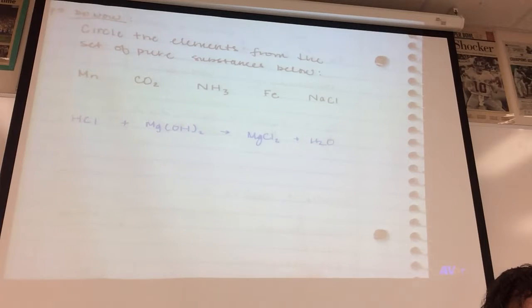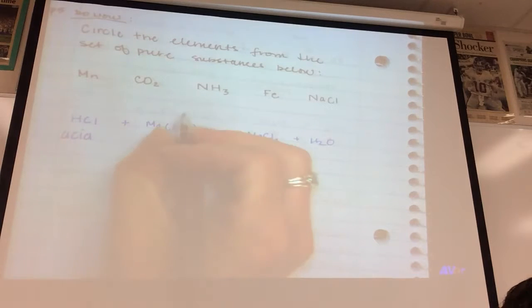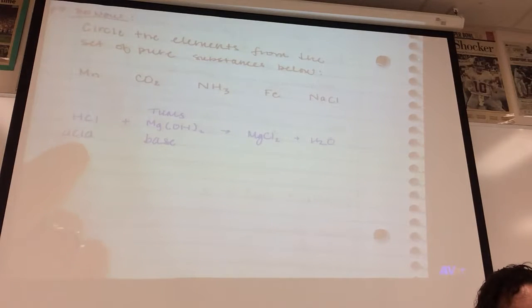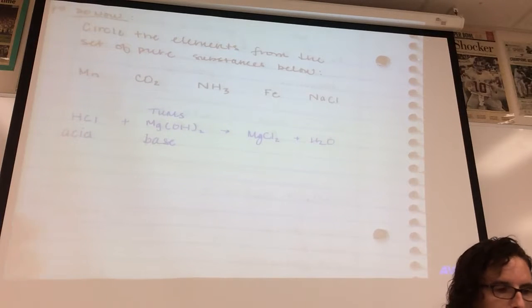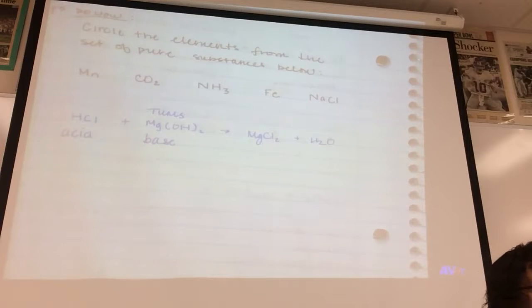This is a neutralization reaction, the reaction of an acid and a base. This would be like your Tums or Rolaids. So the base neutralizes the acid that's built up in your tummy, and it'll generate a substance that's far more neutral in nature. So neutralization is an example of a chemical property.